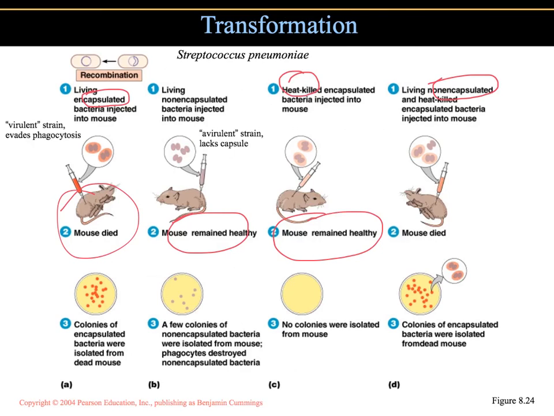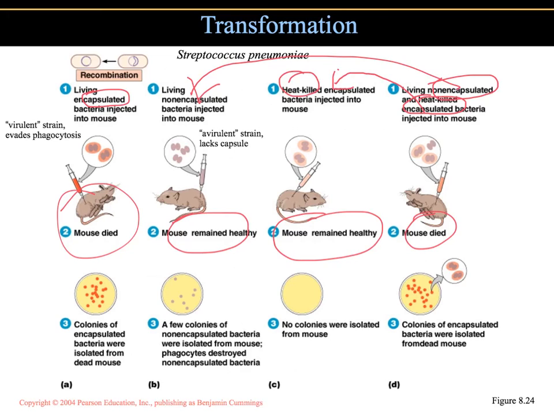Now remember, separately, the non-encapsulated bacteria did not cause disease, nor did the heat-killed bacteria cause disease. Here's the non-encapsulated, the mouse remained healthy. Here is the heat-killed encapsulated, and this mouse remained healthy. But when he put the two of them together, the mouse died.